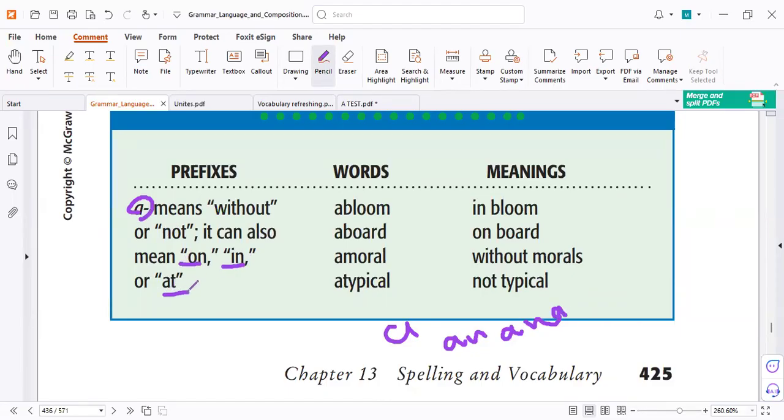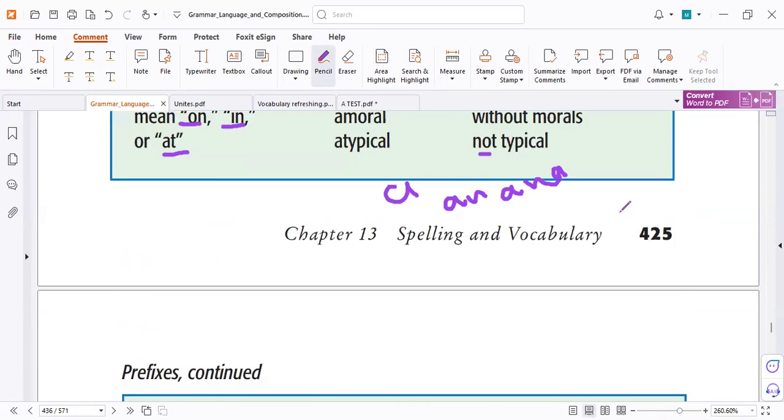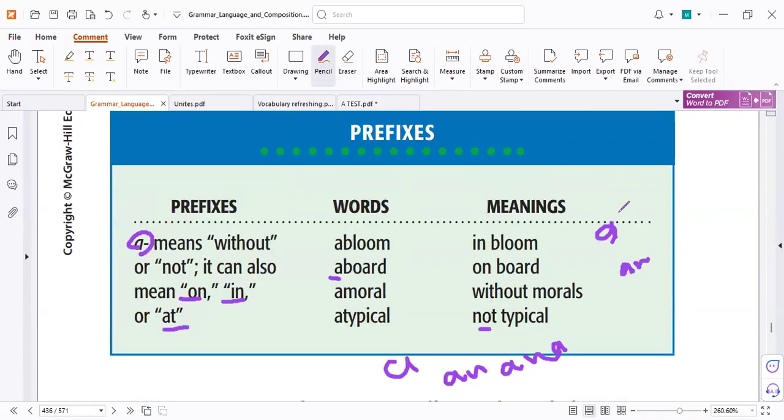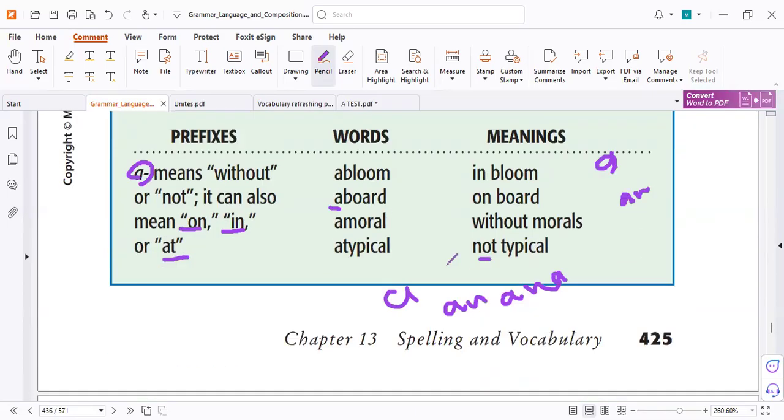Look, amoral, without morals. Not typical. So I can guess the word. So a is opposite, yes. But be careful, it's not an article. For an article, you need a space between words. You know that? So be careful when you look at the word.